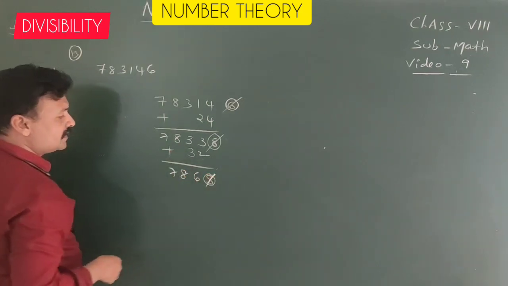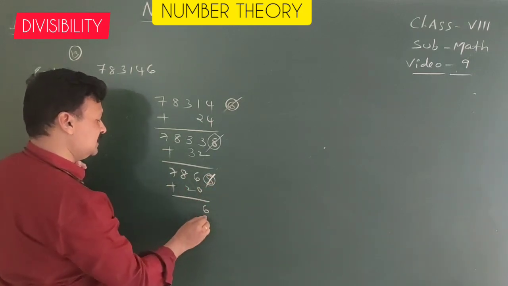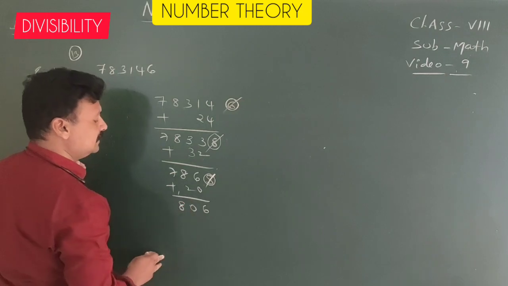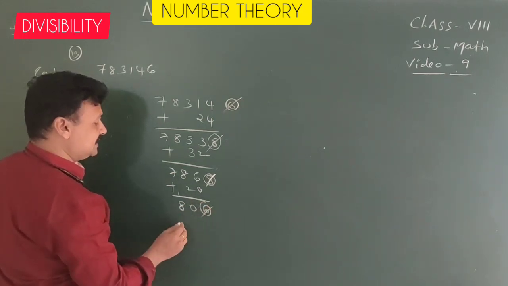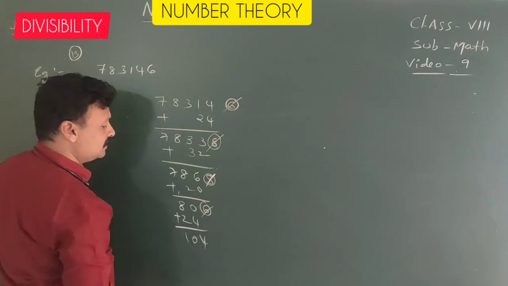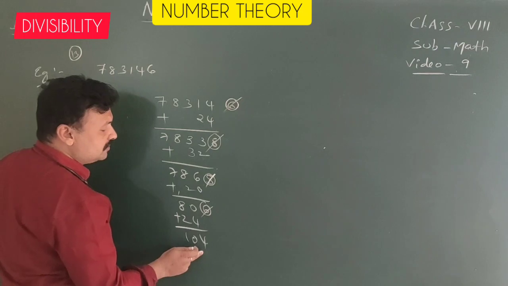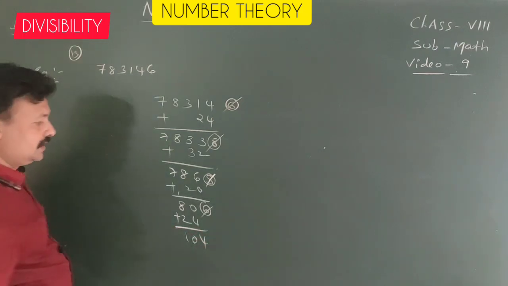Again 4 times 5 is 20. 6, 8. Again 4 times 6 is 24. Here 104. If you know 104 is divisible by 13, then we can say that the original number is divisible by 13.